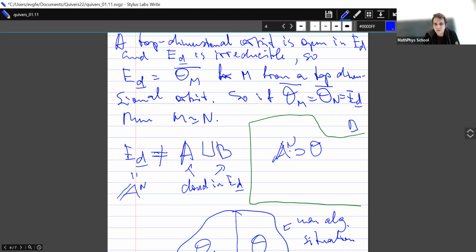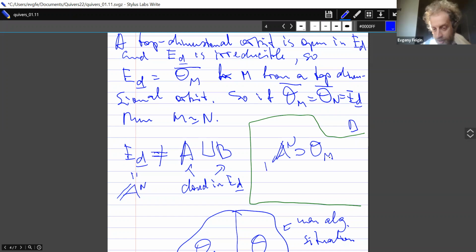Suppose we have an M. The question is, what is OM, and how to describe OM inside AN? And the claim is that it is described by some polynomial equations or inequalities, I mean, something is non-zero.